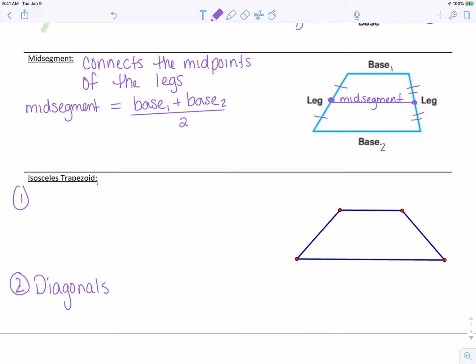The second property is that it ends up being parallel to the bases. So this is property 1, this is property 2. The mid-segment is parallel to the bases.